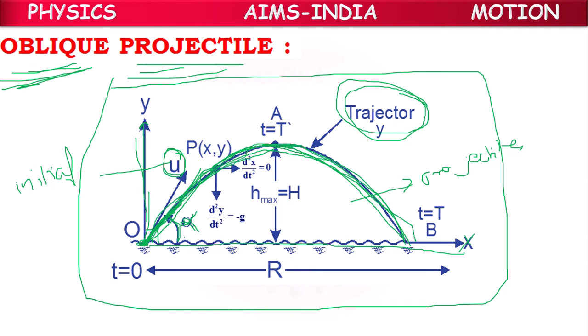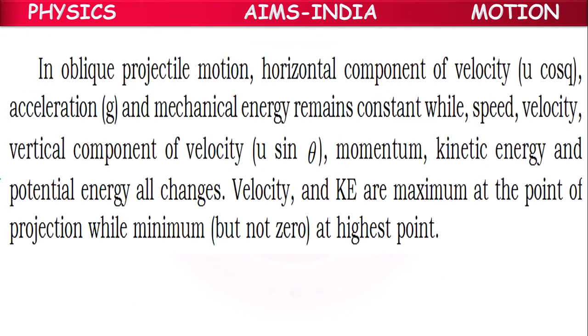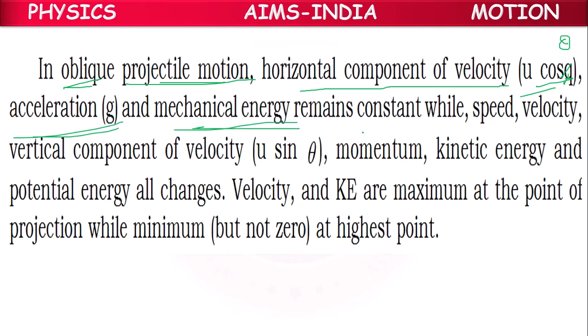First of all, we have to know about those terms. In oblique projectile motion, the horizontal component of velocity u cos theta, the acceleration, and the mechanical energy remain constant.